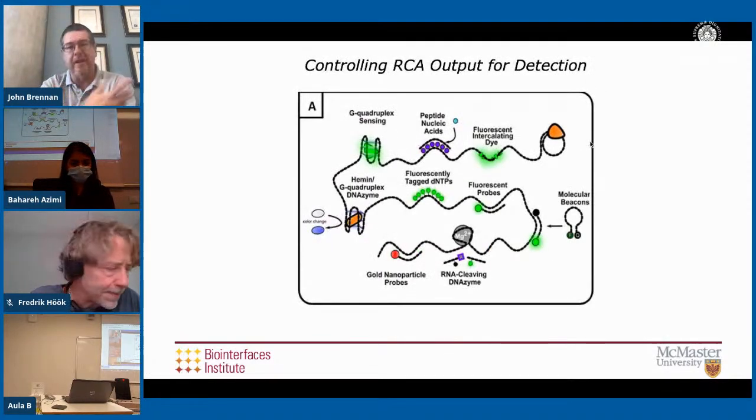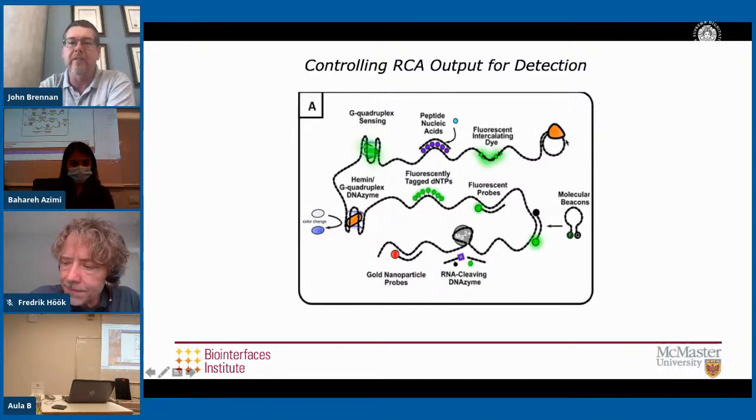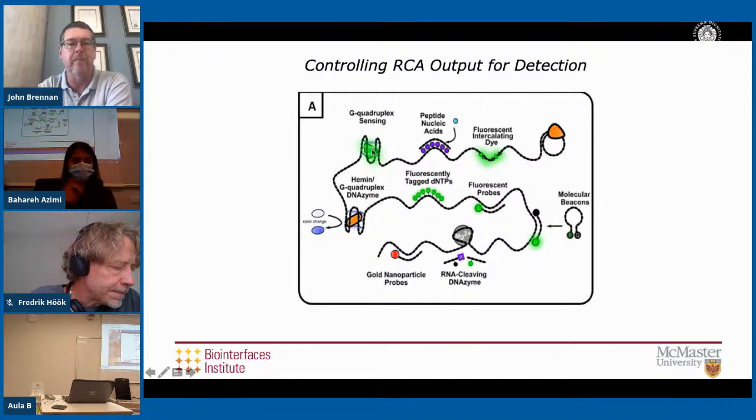What makes RCA also really interesting is that, as I mentioned, within this circle we can encode the antisense to whatever we want. So we can just use a fluorescent intercalating dye and have a fluorescence output. We could use peptide nucleic acids with labels on them. We can form G quadruplexes as the output and get things like peroxidase mimicking DNAzymes, shown here. Or we can bind fluorescent dyes to the G quadruplex.